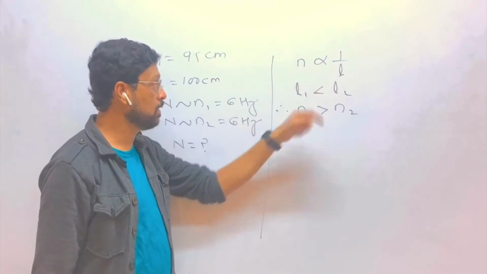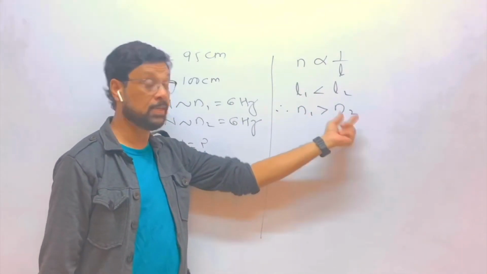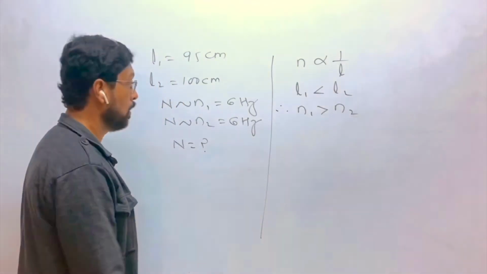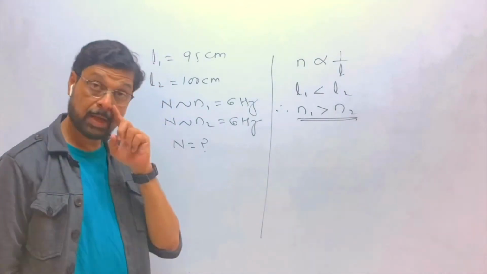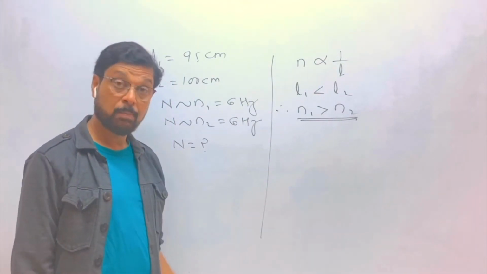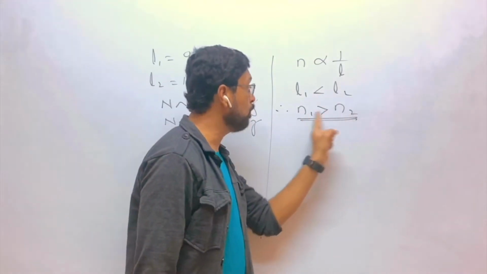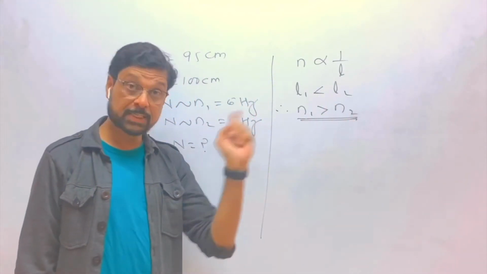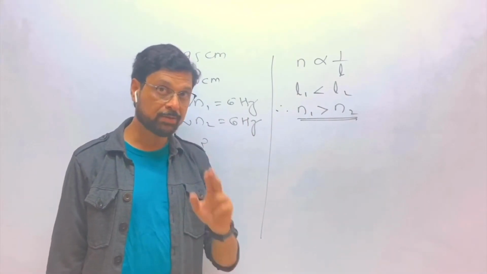Inverse proportion, L छोटा तो N बड़ा, तो N1 is greater than N2. अब N1 N2 से बड़ा है, and tuning fork produces 6 beats per second with both N1 and N2. Such type of question we have seen in the previous topic, waves में.